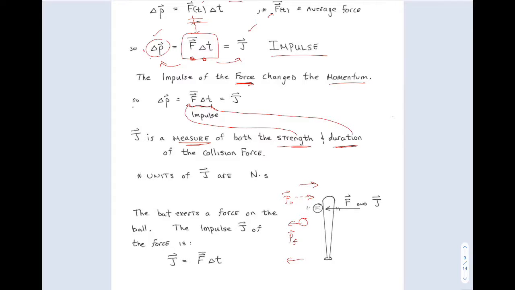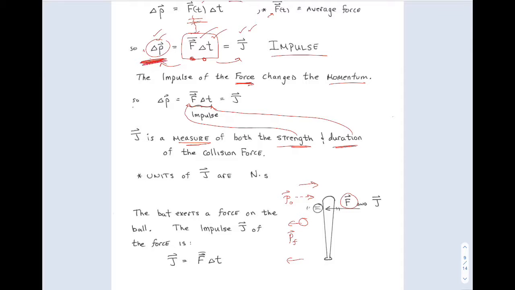The impulse refers to what caused the change in momentum. In this case, it was the bat, which exerted a force over a short period of time. So we can talk about the change in momentum of the ball, and we can also talk about the impulse that the bat delivered to the ball. That's why we can have two different words for the same thing.